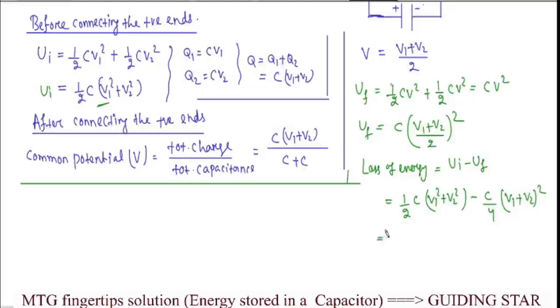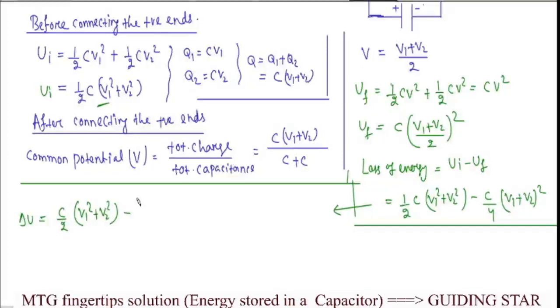So if we do calculations over here, let me do the calculations. From here, the loss of energy will be of this form. So it will be C by 2 into V1 square plus V2 square, keep it as it is, minus C by 4 into V1 square plus V2 square plus 2 V1 V2.